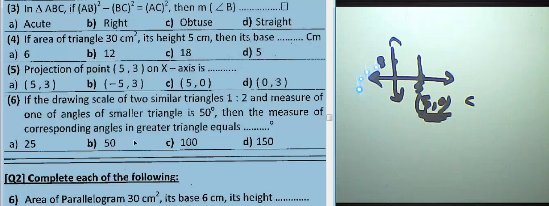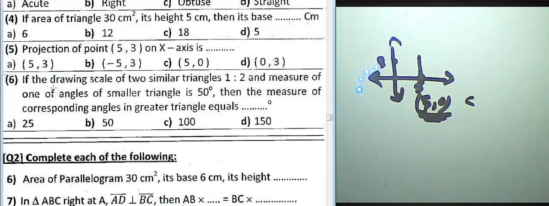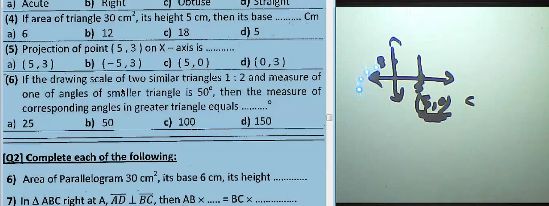Question number 6. If the drawing scale of two similar triangles is 1 to 2 and the measure of one of the angles of the smaller triangle is 50 degrees, then the measure of the corresponding angle of the greater triangle equals space.